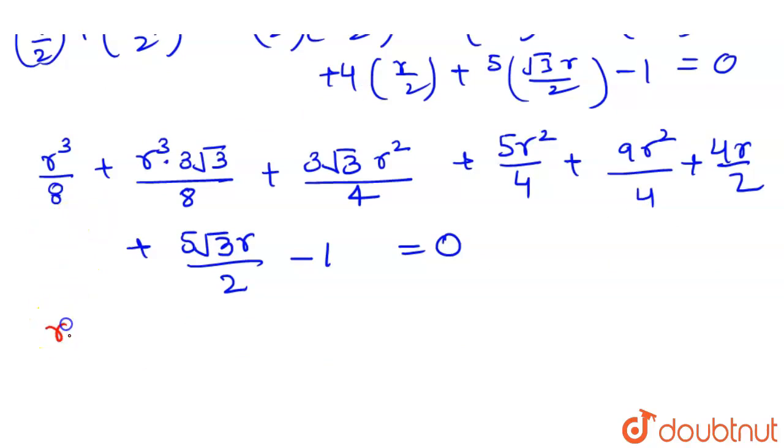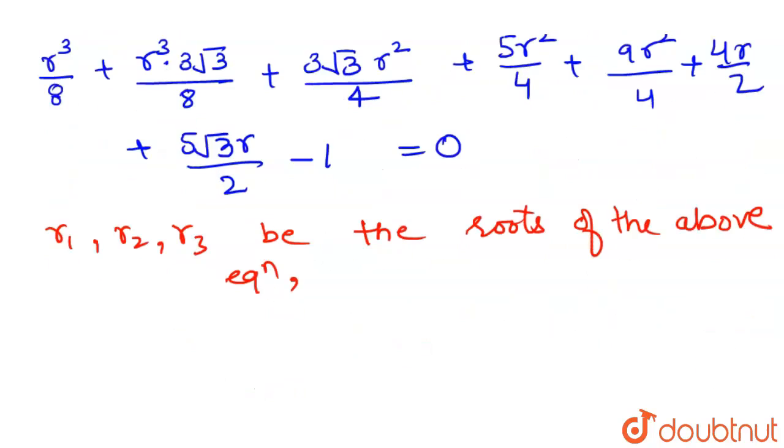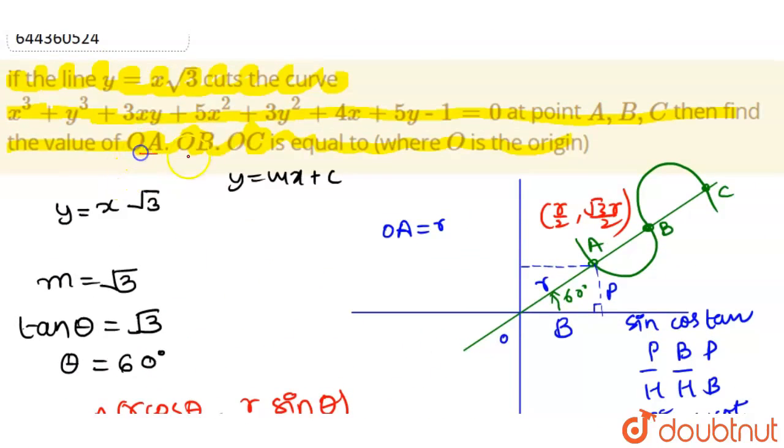So let's say r1, r2, r3 be the roots of the above equation, right? And we know that we have to find out the distance OA into OB into OC. If OA is r1, OB is r2, OC is r3, then these will be the roots of the equation, right?